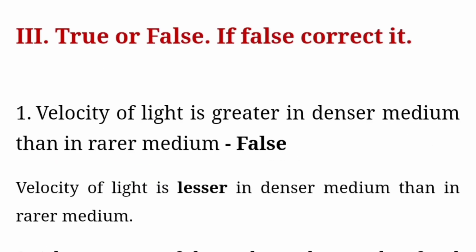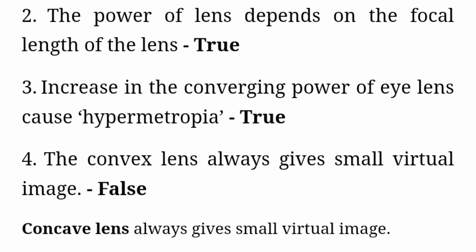Roman letter 3, true or false? If false, correct it. First one, velocity of light is greater in denser medium than in rarer medium. The statement is false. The correct statement is velocity of light is lesser in denser medium than in rarer medium. Second one, the power of lens depends on the focal length of the lens.